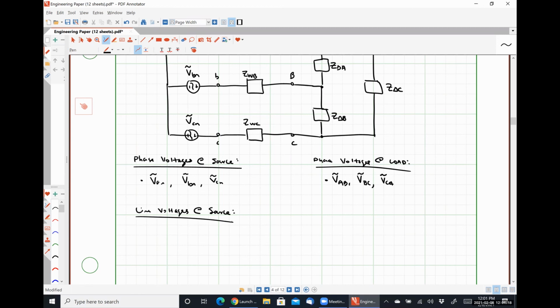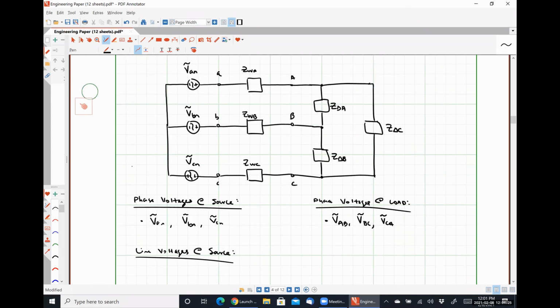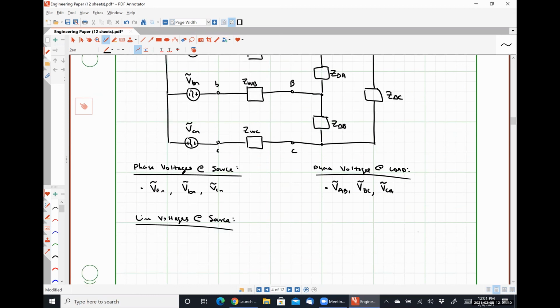Our line voltages at the source side? Yes. Right, all with lowercase letters. Yep.